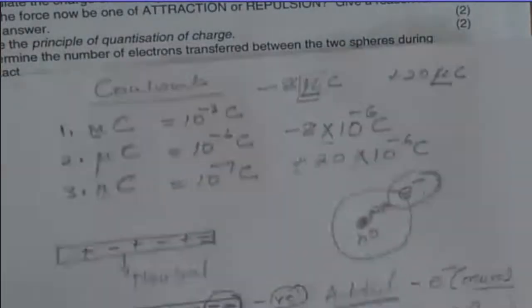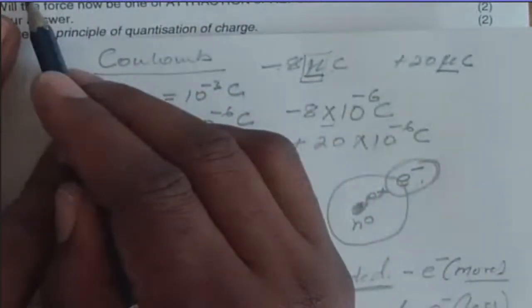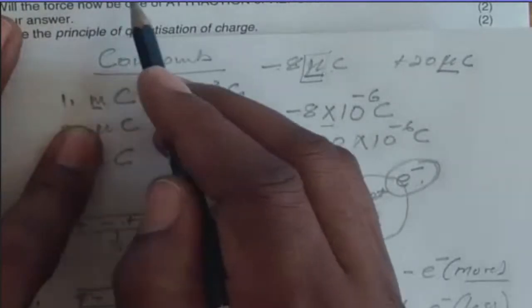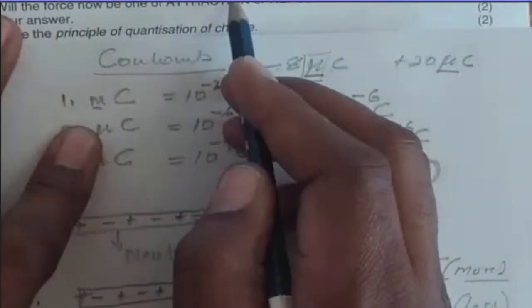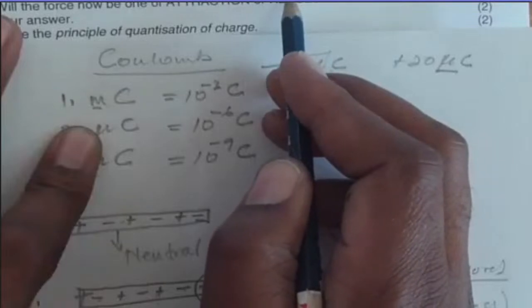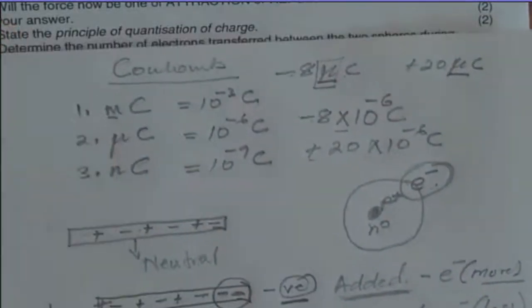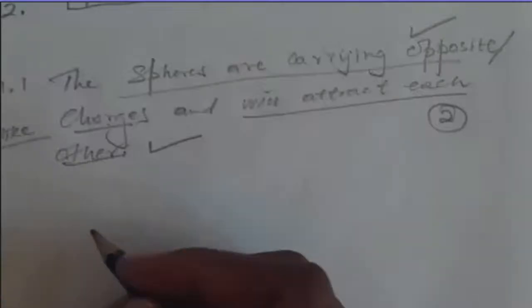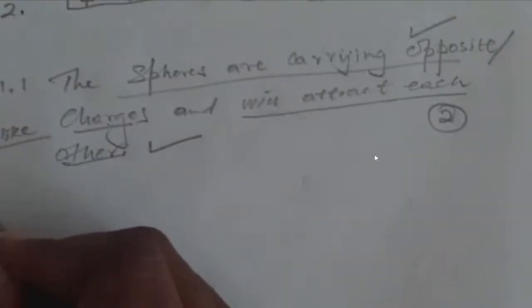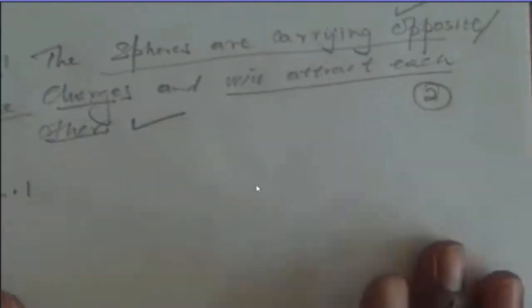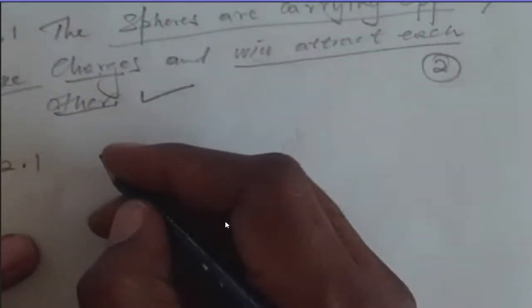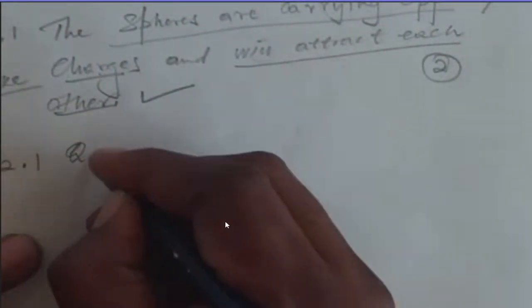All right, let me quickly check the question there. 5.2.1, calculate the charge on each sphere after they made contact. I'm going to use that formula to get the new charge.